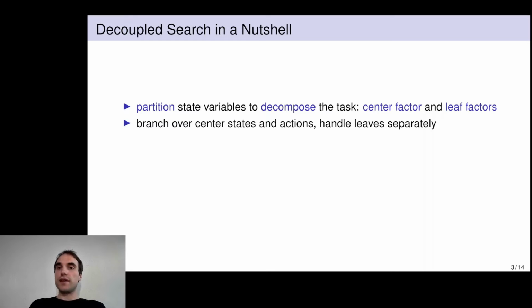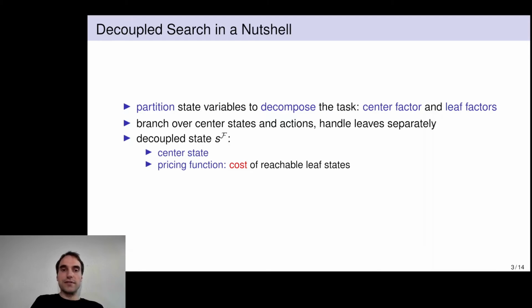This decomposition of the planning task cannot be arbitrary, but it has to be such that the only dependencies between factors are such that leaf factors may depend on the center factor, but there is no dependency between variables involved in different leaf factors. Why can this be useful? Well, because it allows to restrict branching of the search over center variables only and actions related to these center variables. And we can handle all of the leaves separately.